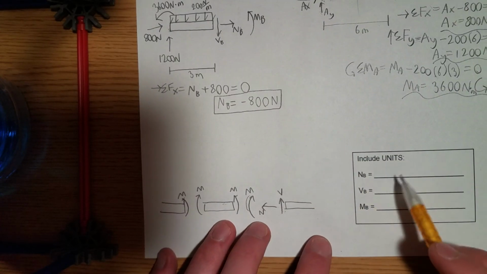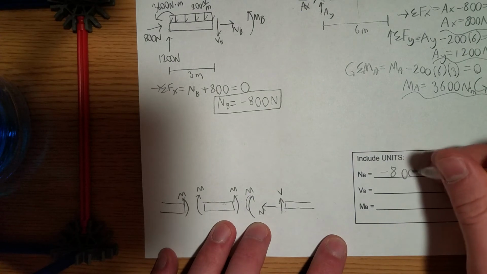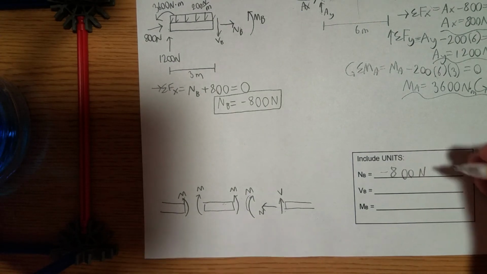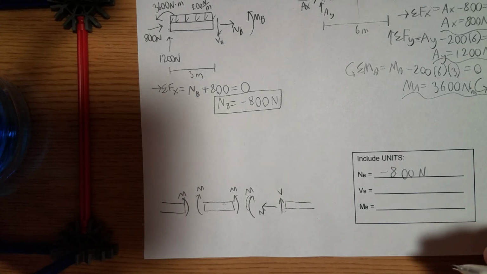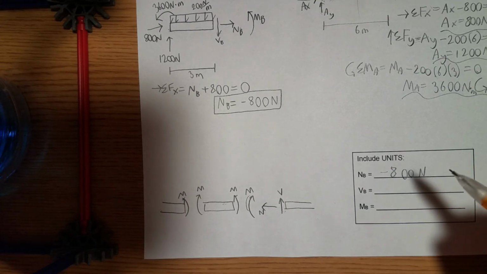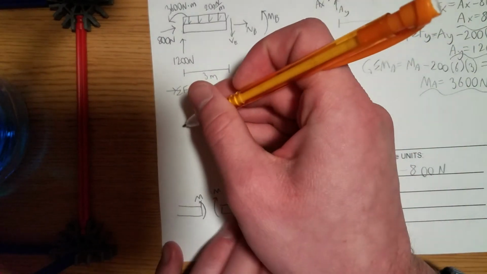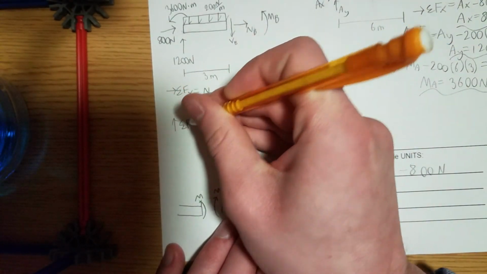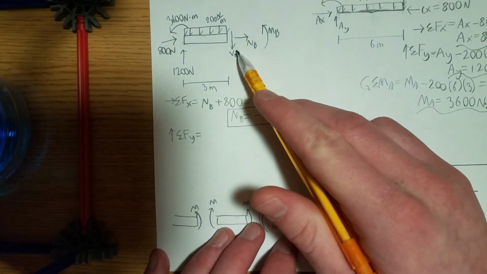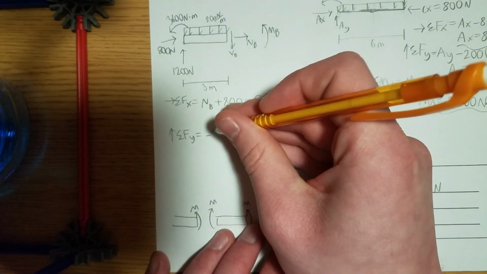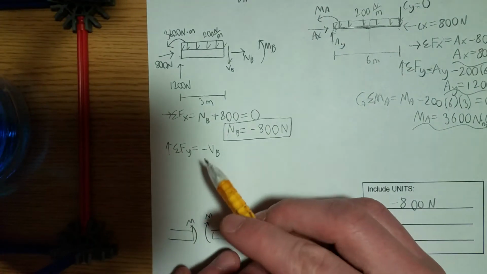And so we can go ahead and draw that down here. Negative 800 newtons. If I take a look here, yep, should be negative 800 newtons. Next, we're going to solve the forces in the y, and that should get us our VB. Our VB is going down, so I'm going to draw negative VB.